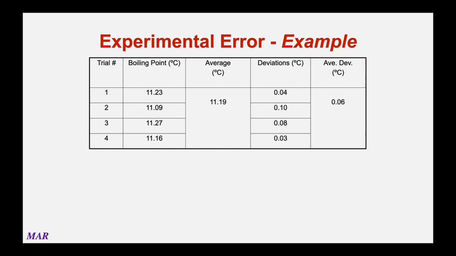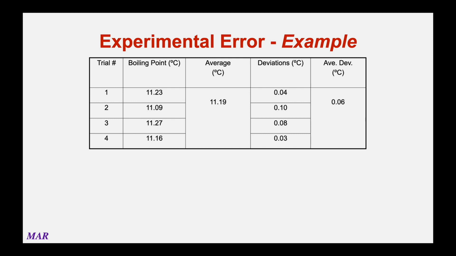This is an example. You can go through it later if you'd like to. These are 4 boiling point measurements. They found the average of those 4 measurements. They then found the deviation, which is the difference between the average and the boiling point measurement. So for example, the first one, you would go 11.23 minus 11.19 for 0.04.